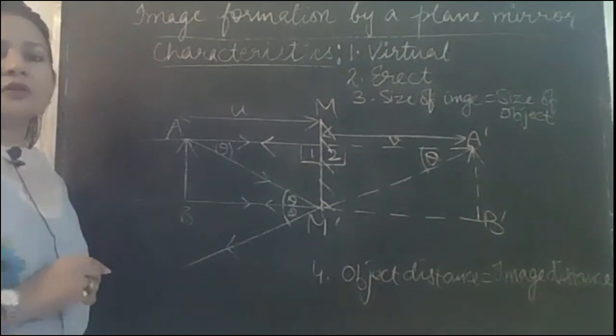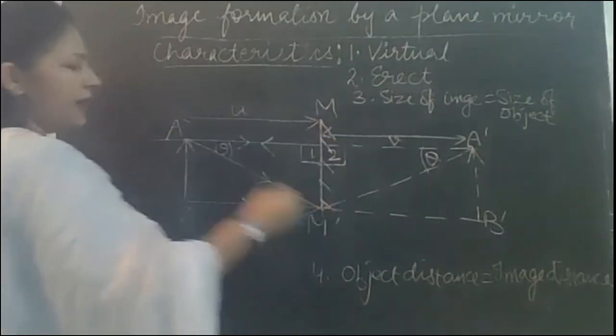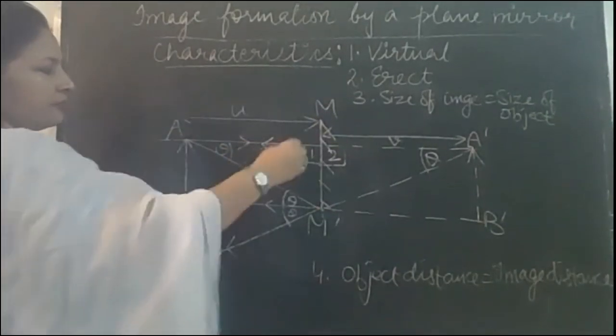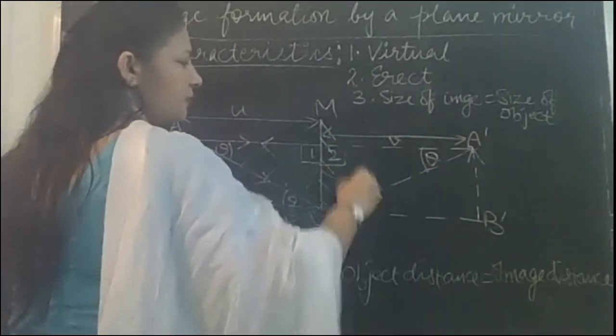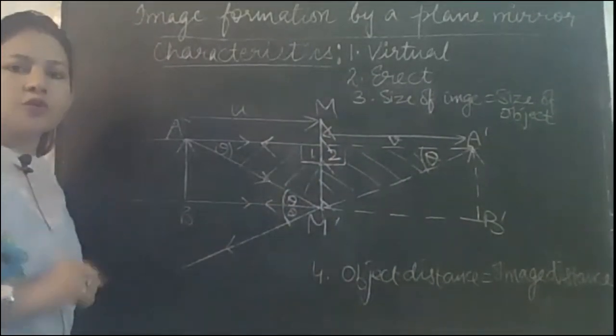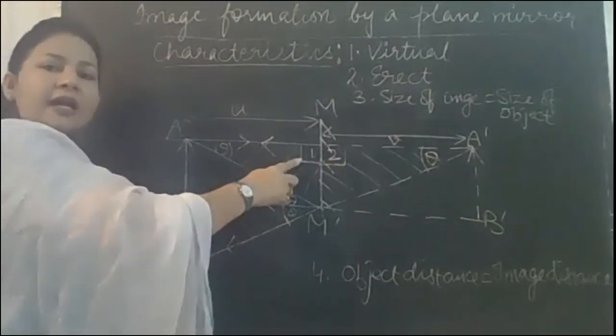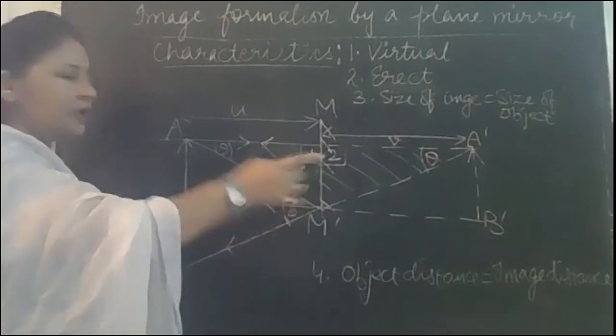So let us take two right angle triangles, AMM dash, this one, and A dash MM dash, this one. Let us take these two shaded triangles. In these two triangles, you will write angle 1 is equal to angle 2, each equal to 90 degree.